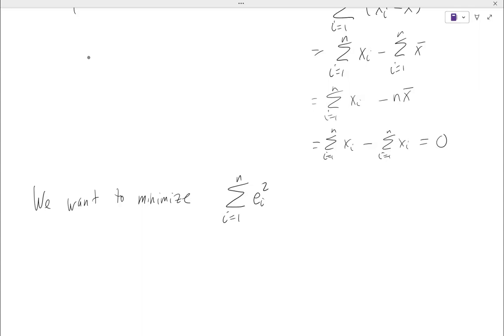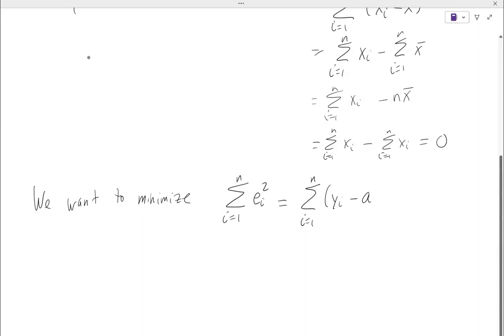All right. So let's think about a way we can do these errors. Again, the error is the difference between what the actual y value is and what the predicted y value is, right? So this would be the sum from i equals 1 to n. y sub i is your actual y value.